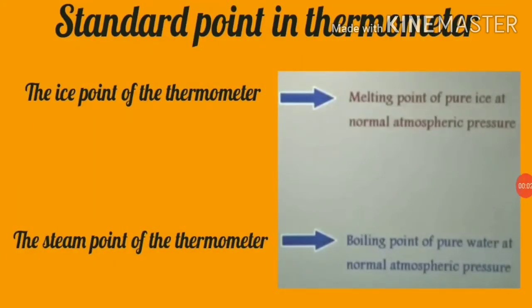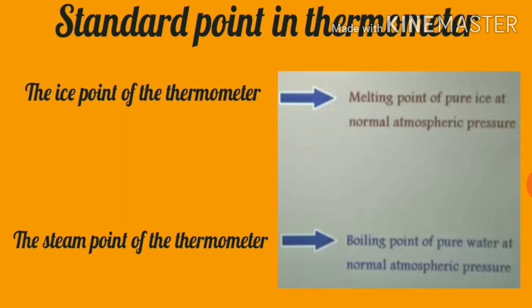Students, before we start grading and scaling the thermometer, let's know about the standard points in a thermometer. There are two standard points which we consider. First, the ice point of the thermometer. How will we define the ice point? The ice point of a thermometer means the melting point of pure ice at normal atmospheric pressure.